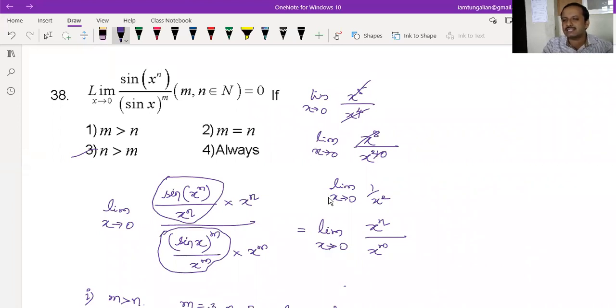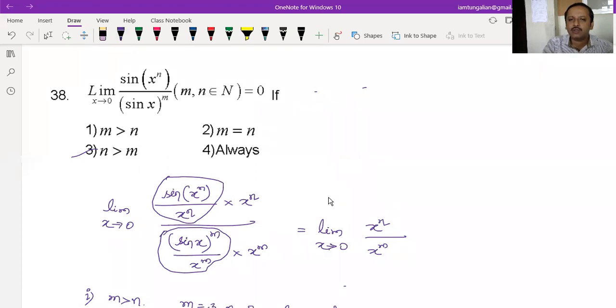So in the numerator, some x or x square, x cube, x power 4, something like that should remain. If that happens, then it will become 0. Otherwise, if the denominator has a larger power, then the answer will be infinity. So the numerator should have the larger power. That means the third option is the answer.